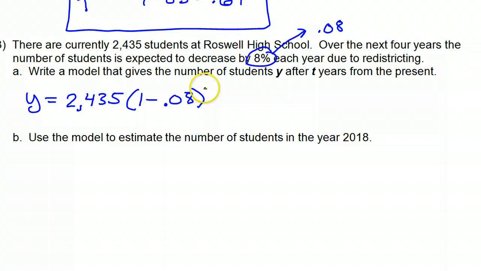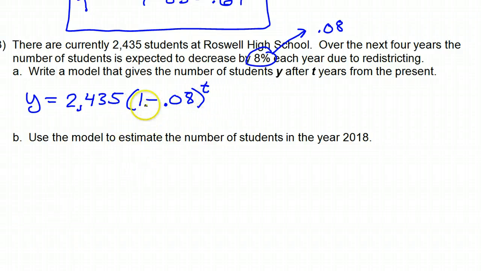Now, T years. This is very important. Many students mess this up. For some reason, students want to put a number here sometimes. Sometimes they'll put in the 4 because it says 4 years. But no, the model, you're going to have a y and an x or a t. So this is the model, just like this.